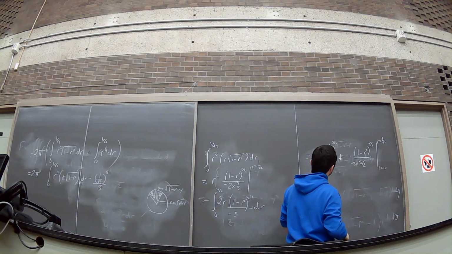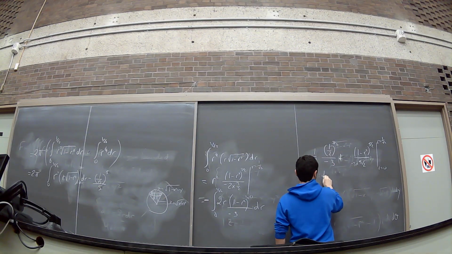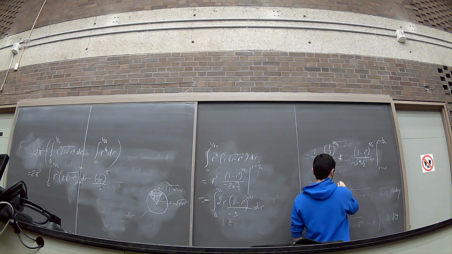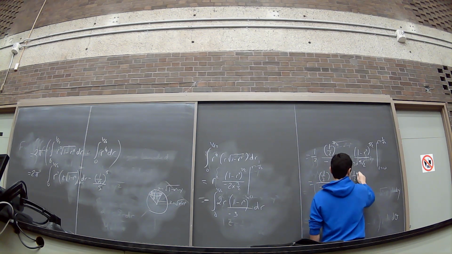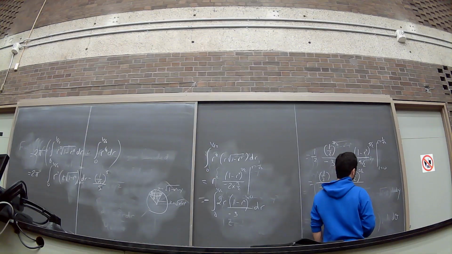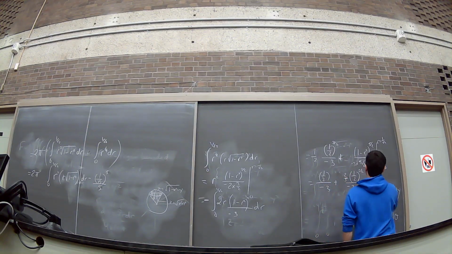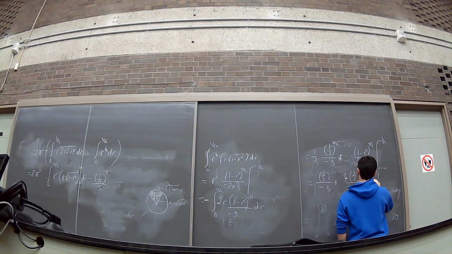So what do I get here? So I get 1 half over minus 3 plus 1 half to the 5 halves times 3/5 over minus 3 plus 1 plus 2/5 plus 2/5 over 3.